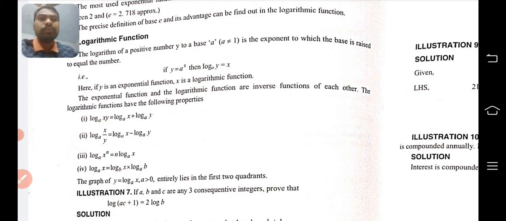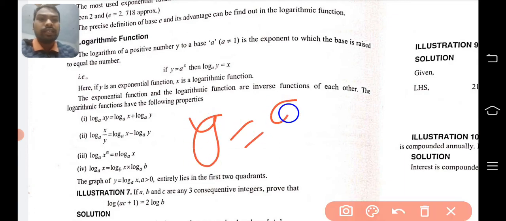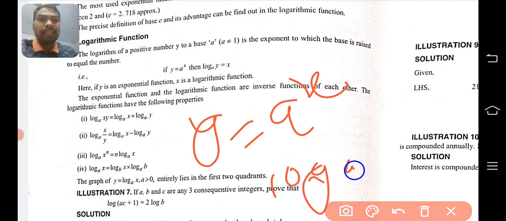It means that if y is equal to a to the power x, then in logarithm form we can say log base a of y is equal to x. Clear? Okay.